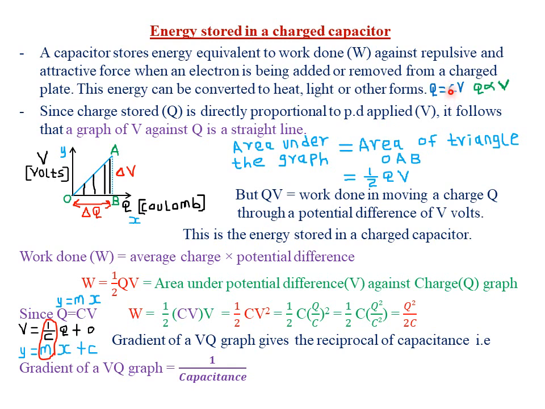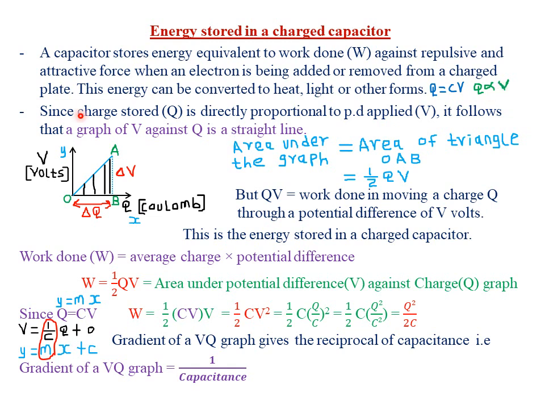So if I hold capacitance constant, if I take C to be my constant in this equation, it simply means that the quantity of charge on the plates of a capacitor will always be directly proportional to the potential difference. So Q will always be directly proportional to V, that is if we hold capacitance constant.